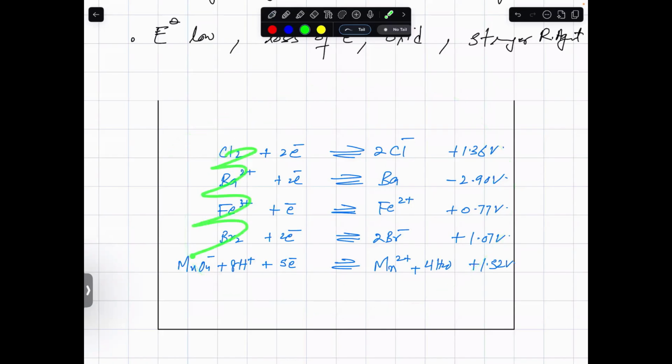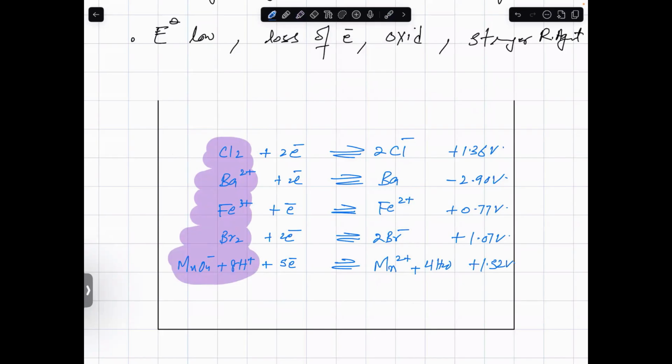They are all present. You know, these are all gaining electrons, so they all get reduced. They're all getting reduced, and they're oxidizing agents. And these are all the ones that can lose electrons. They get oxidized.